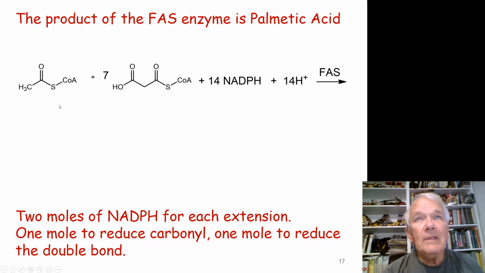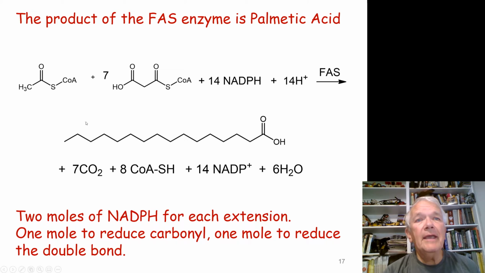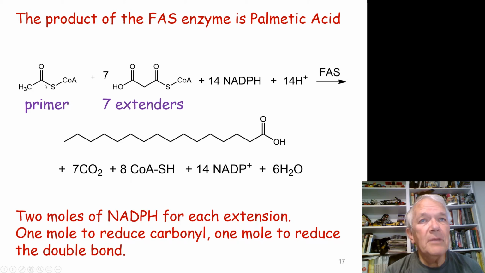Now, the overall product of this thing is palmitic acid, okay? And palmitic acid is this long carboxylic acid here, 16 carbons. And what it came from was one original unit of the primer, okay? This is the original acyl coenzyme A, and then 7 extenders.